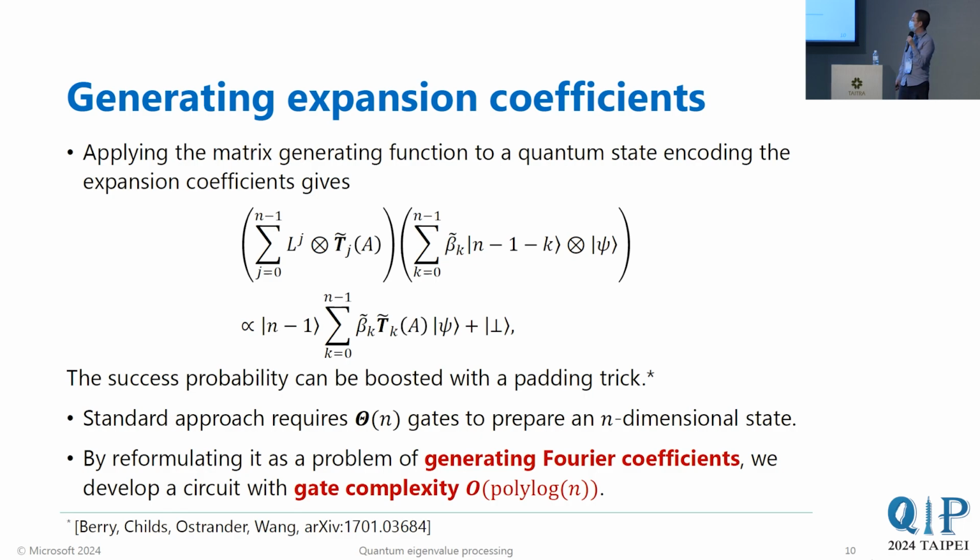If you want to generate a quantum state with n coefficients, typically you need a cost linear in the dimension. But here we recognize that these coefficients are actually Fourier coefficients up to a change of variables. So we developed some techniques to prepare n Fourier coefficients with only polylog n gates. So it's a highly efficient subroutine, this eigenvalue processing.